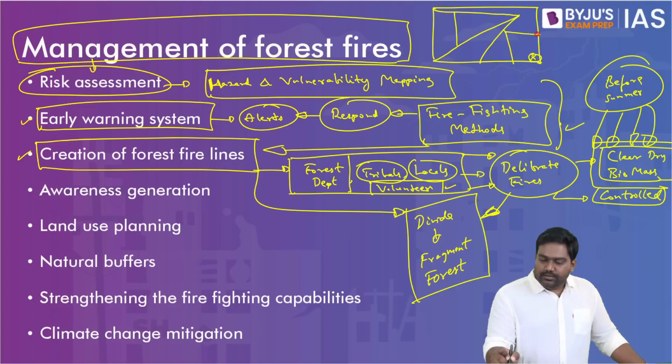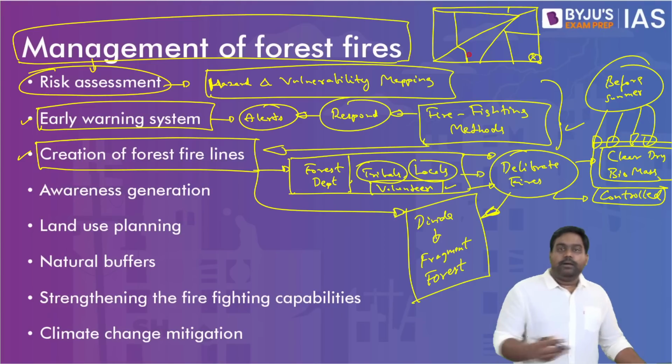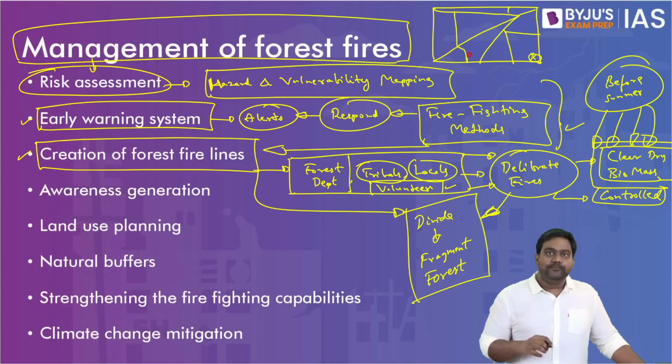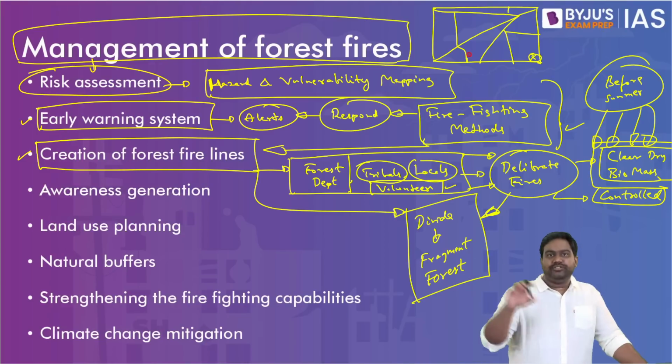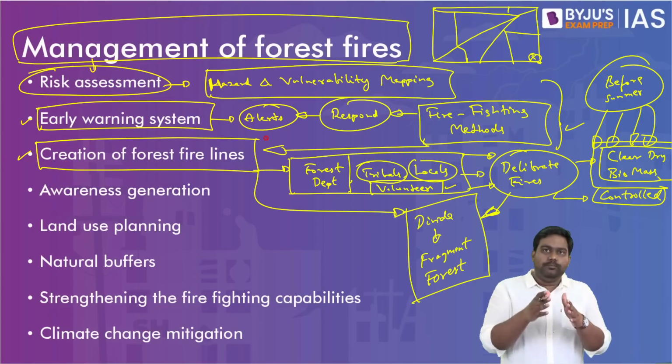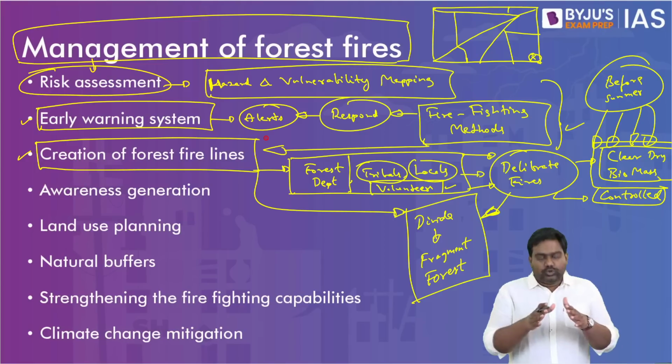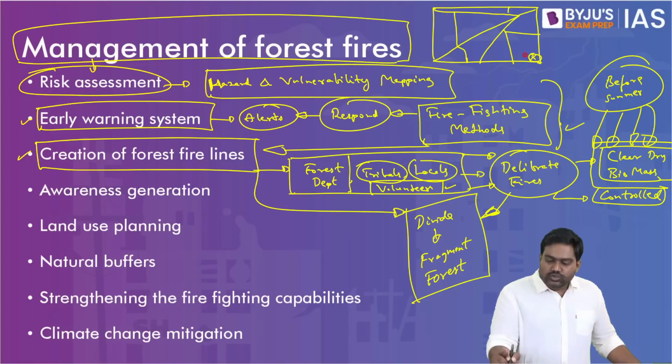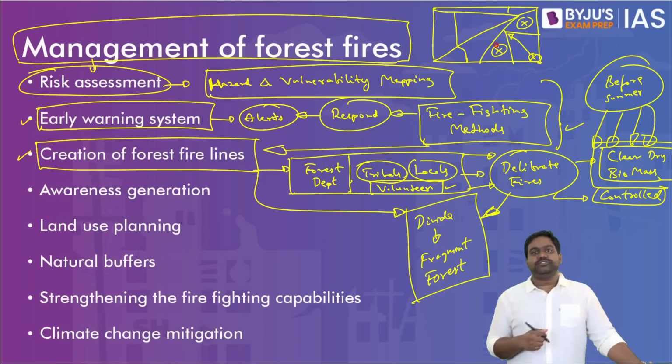They basically break the forest into different segments by burning a patch of land. They remove any plants, even trees, grass, everything is removed, set on fire, and they basically create a small barrier. The two parts of the forest get divided, so fire that breaks out here gets limited. It does not spread into the next part of the forest.